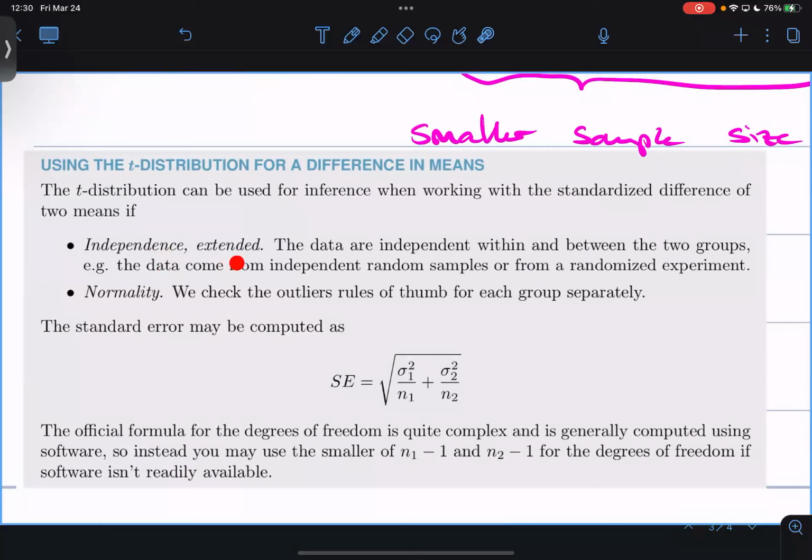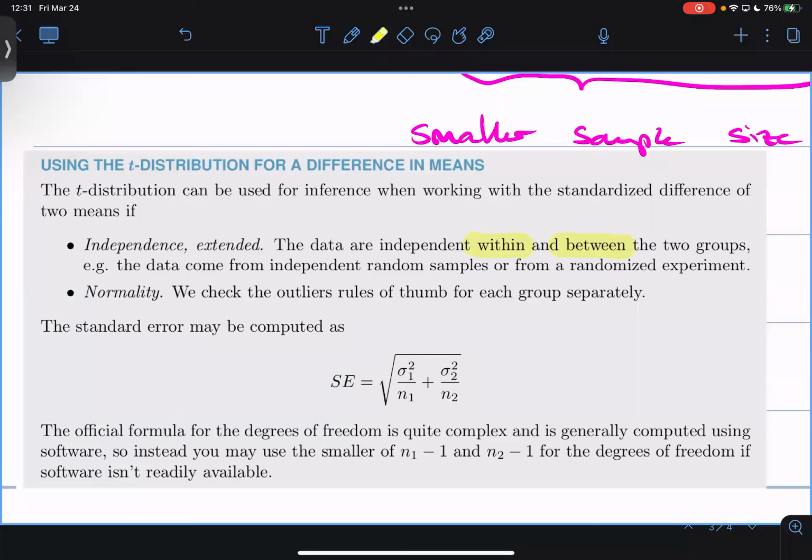The data are independent within, which is what we've been talking about, but also between the two groups, because these two groups have to be independent of each other. Otherwise, they're paired. So in order to do a two independent samples t-test, they have to be independent within and between the two groups.